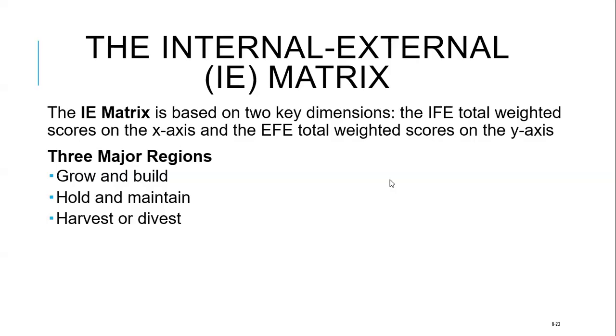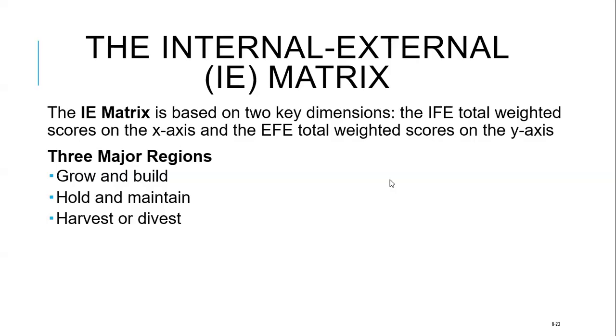Then when you fall within the region which is labeled as hold and maintain, it comes with a high level of caution. That means that the score of the business unit as far as the internal factor evaluation matrix is concerned is medium, and that of external factor evaluation too is medium.